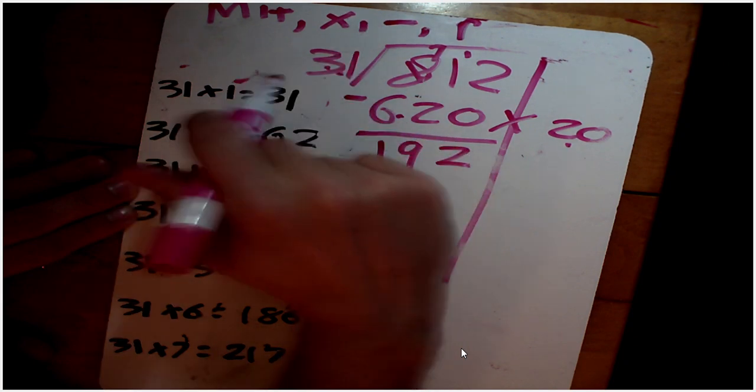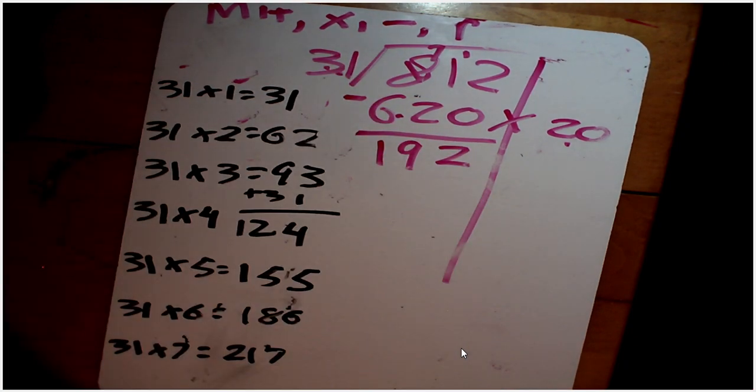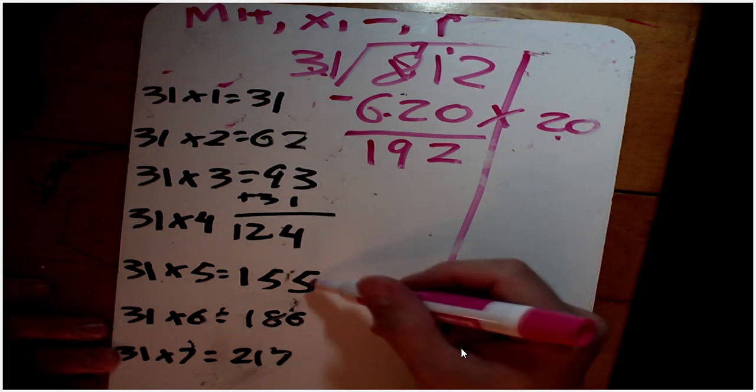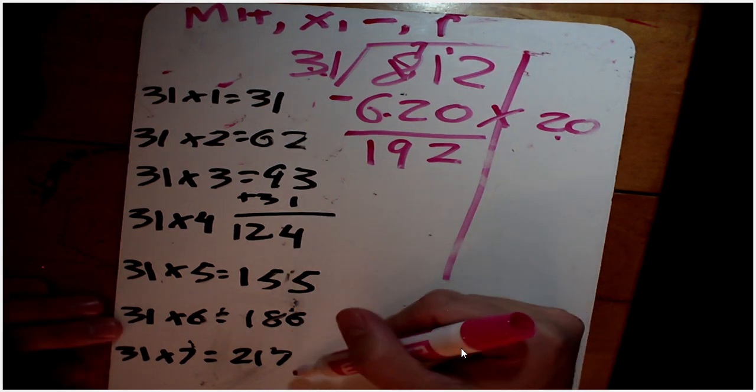Let's go with the actual multiples of 31 that are less than 10, those factors that are less than 10. So what I mean by that is 31 times 1, times 2, 31 times 3, 31 times 4, instead of 31 times 10, 31 times 20, 31 times 30, 31 times 40. So we have 31, 62, 93, 124, 155, 186, 217.